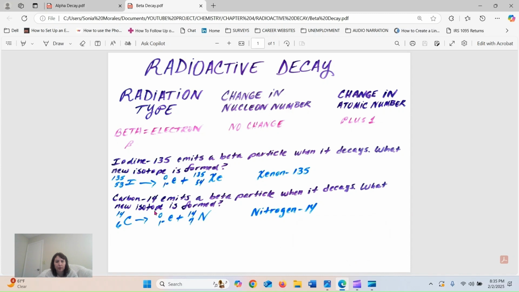So what happens in beta decay? In beta decay, beta particles are emitted that are identical to electrons. So if you look at this formula, here's the electron. And we discussed this earlier, which has a mass number of 0, or the nucleon number at the top.